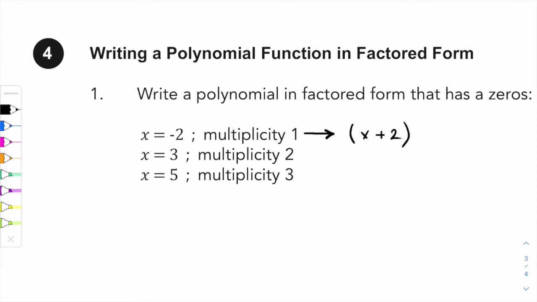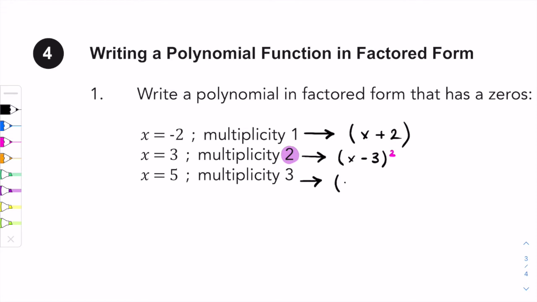That way, when you set that equal to 0, it would be equal to -2. And if the multiplicity is 1, the exponent of that factor is 1. For the next factor, we have a 0 at x equals 3, telling us that the factor must be x minus 3. Because the multiplicity is 2, our exponent is going to be 2. That means that factor happens 2 times.